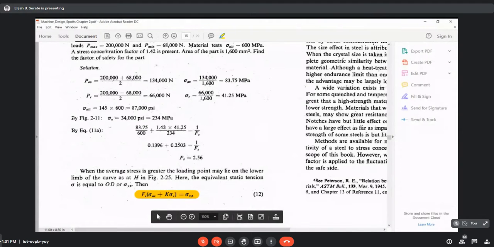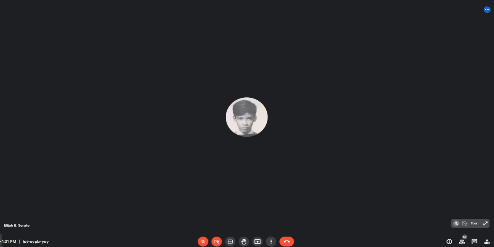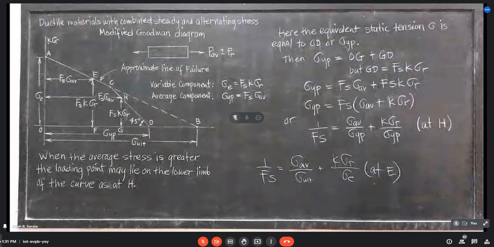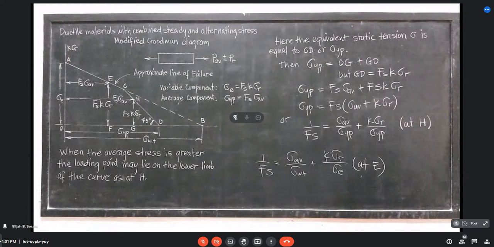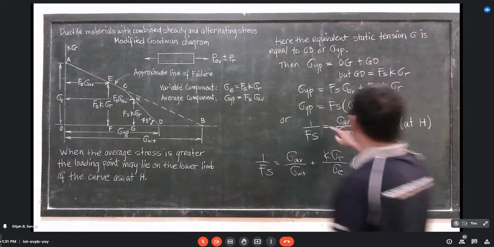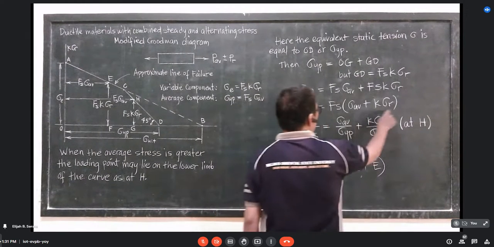So I'll go back to what we have in our discussion on the board. Can you see now the board? Yes, sir. Okay. So it is now kini. Muna iyang formula.